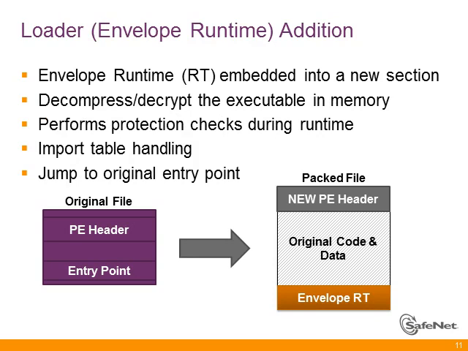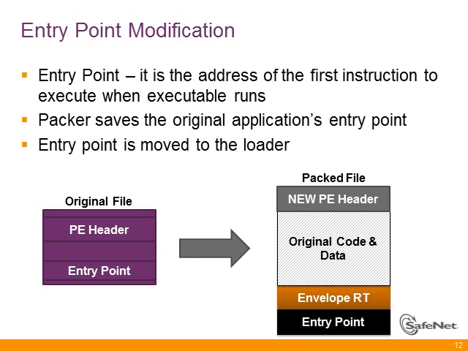And the new envelope runtime has been added in addition to the new PE header, and this PE header is, of course, different than the original. So another measure of what envelope does is it modifies the entry point. The entry point refers to the address in memory of the first instruction to be executed once the application is launched.